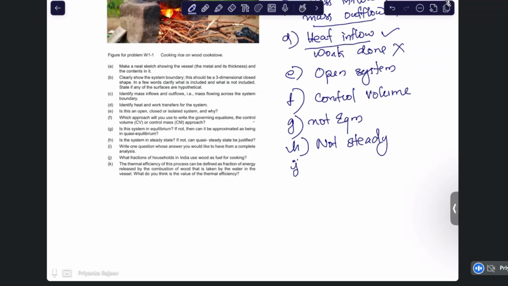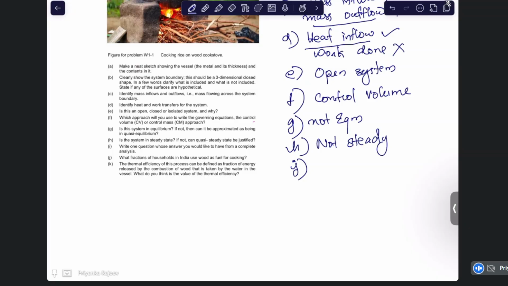Now next question, write one question whose answer you would like to have from a complete analysis. As we have defined the system as water and rice mix, that means we are observing the change happening in that food mixture which is kept for cooking.